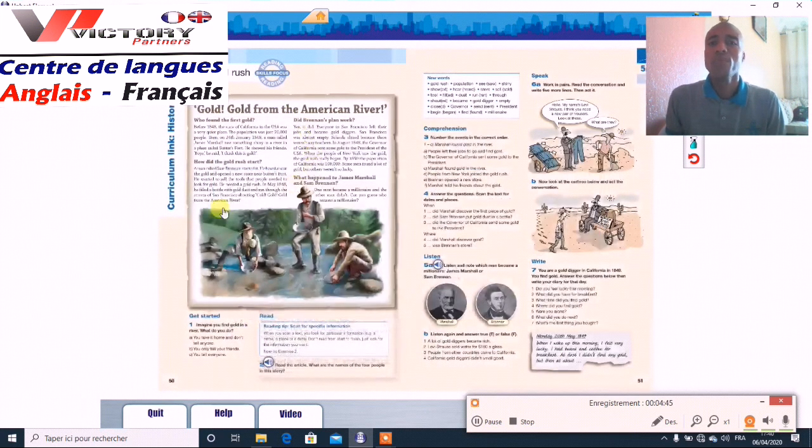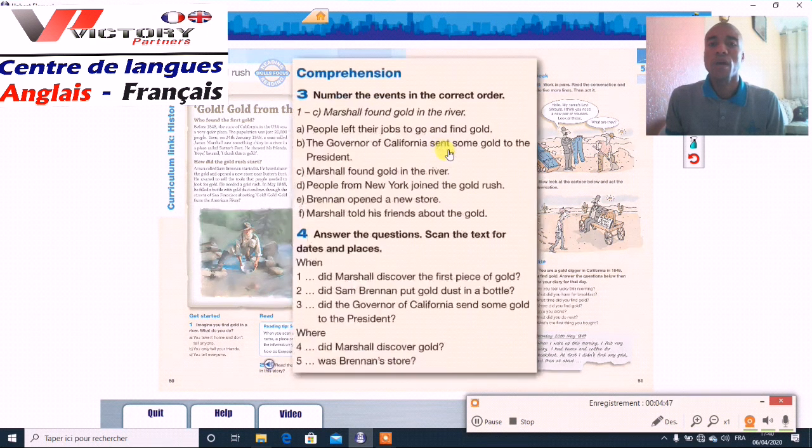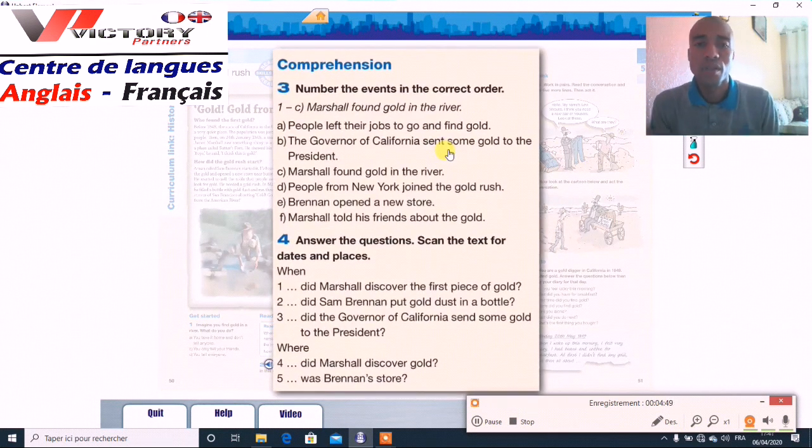Great. Now we can move to comprehension. It says number the events in the correct order. So we have maybe 6 events: 1, 2, 3, 4, 5, 6. And then we have to put them in order as they showed up in the text, right?